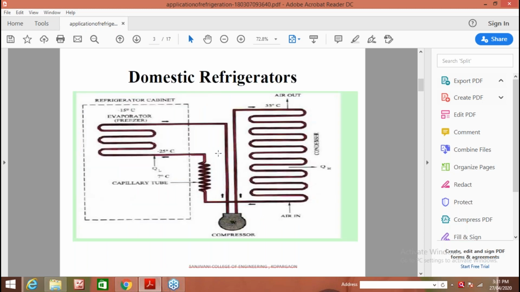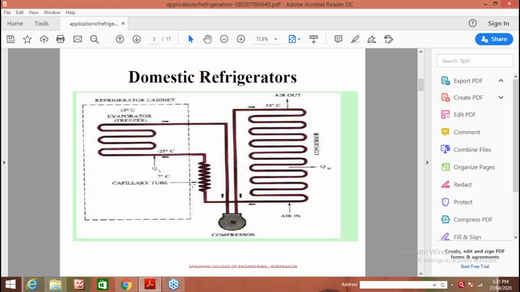So first is the domestic refrigerator. I think all of you have seen a domestic refrigerator. A domestic refrigerator works on the simple vapor compression cycle. The main components of this cycle are evaporator, compressor, condenser, and expansion device, a throttle valve.